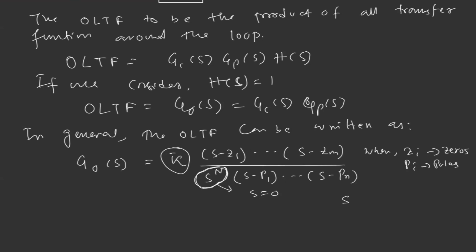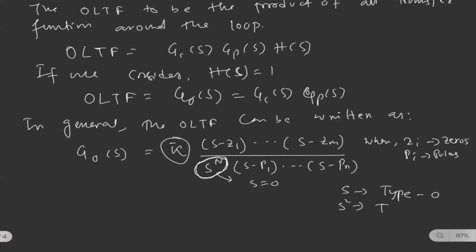If it is S only, it means n equal to 1, then type 1 system. If it is S to the 0, it is type 0 system. If S squared, then type 2 system. If there are no poles at the origin, then S to the n will be 1 because n equal to 0. So this is how we define the type of the system.